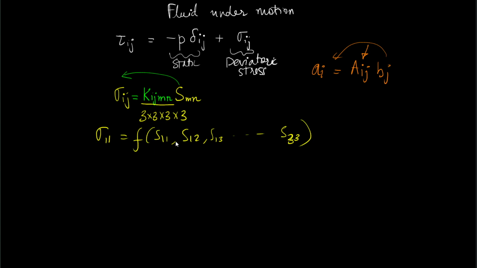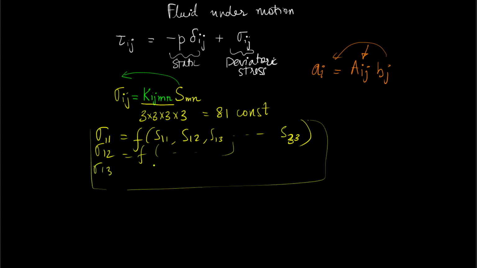So this relationship between all these terms in a linear fashion can be done by means of 81 constants. Sigma 12 will also be some function of this, and so will sigma 13. So this relationship that we can write will involve 81 constants, but that's really cumbersome to do.